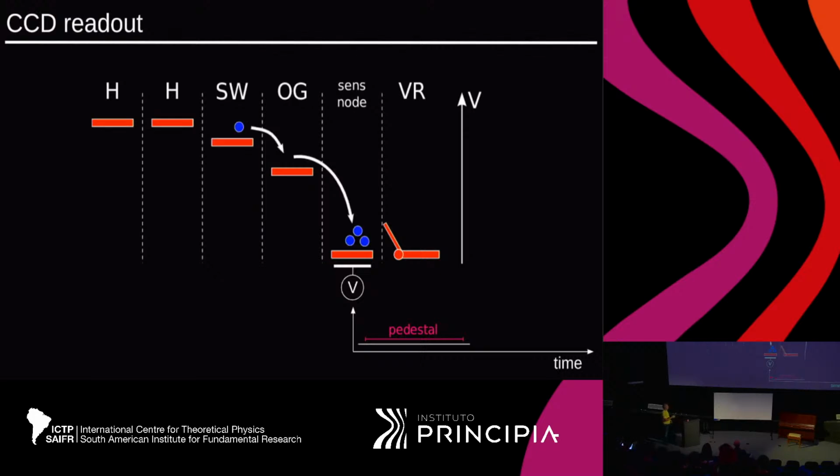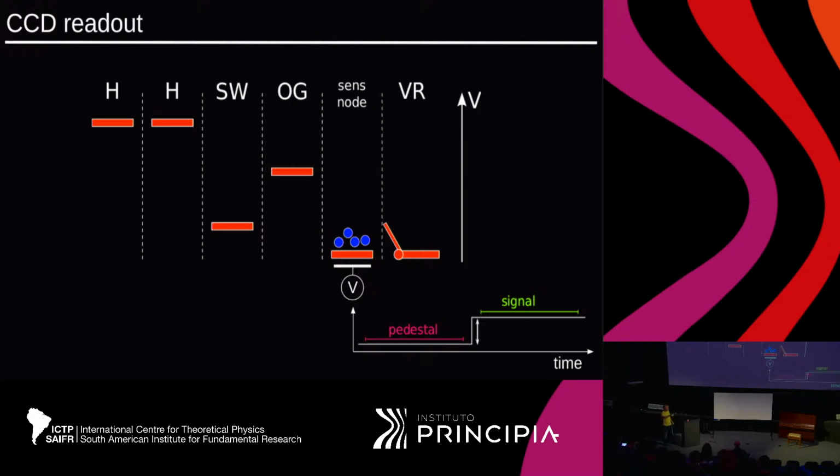Then we move this thing up using a structure that is the same as the other clocks I showed you before, and the charge wants to go into this potential well in the sense node. After that, you move everything back to the position it was before and measure again. Now, because this capacitor has some charge in it, the voltage has changed.